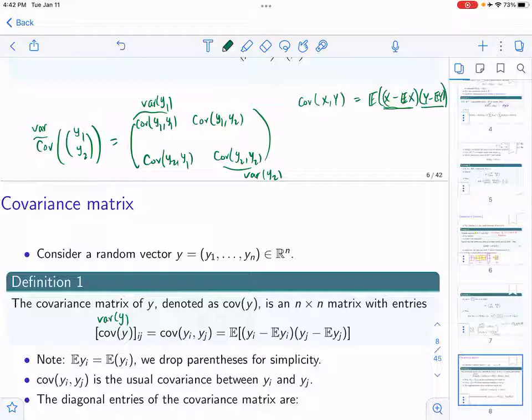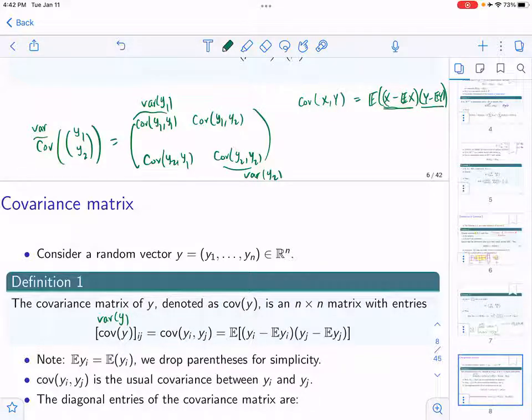Okay, so question, how would it be calculated with real numbers? I'm not sure if I understand the question, but let's say, how do you calculate the variance? If you tell me how you calculate the variance, I can tell you how you calculate the covariance.